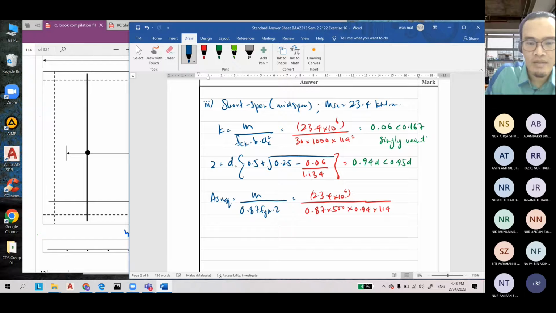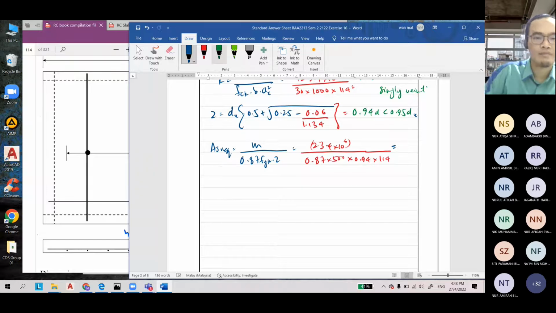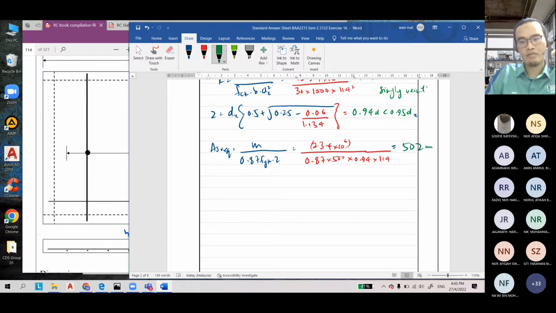Okay, dx is 114. So the answer is 502 millimeter square per meter.